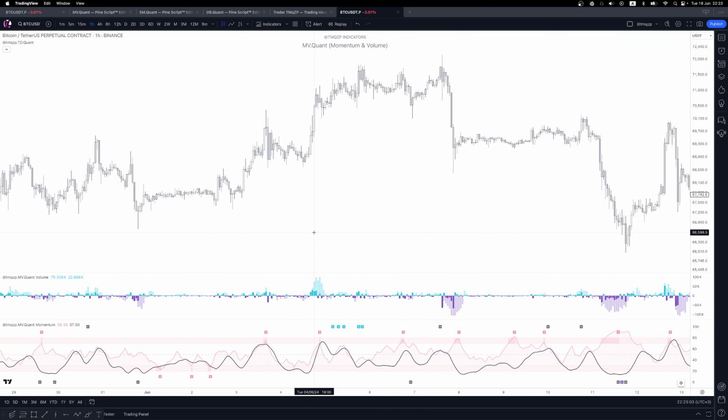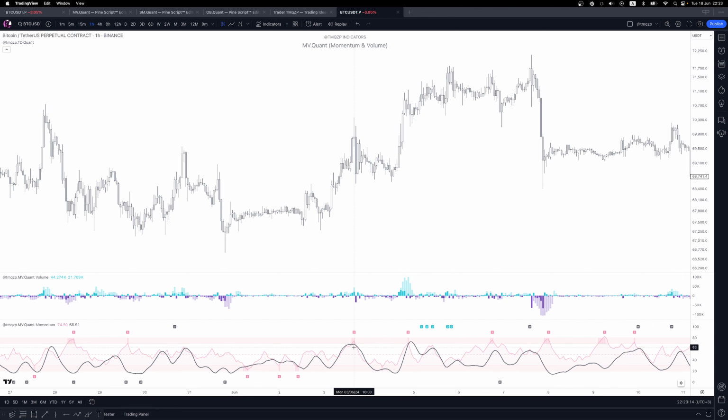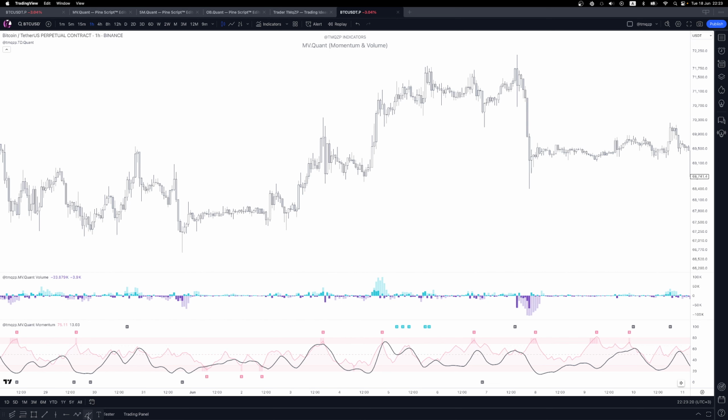Let's see if we can find another. Yeah, see, so we have another sideways consolidation, and we get a couple of those low momentum signals, right? Because the indicator, you can see, is dipping into the lower band and creating those signals there. You can see in the bands, it has little block thingies, and that's basically just as soon as the indicator enters the band, it starts tracking the blocks.